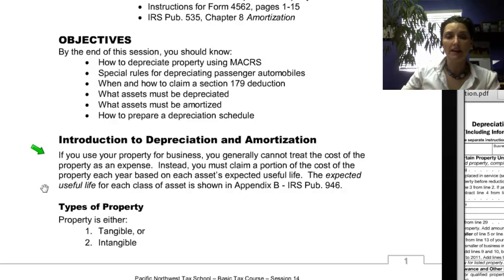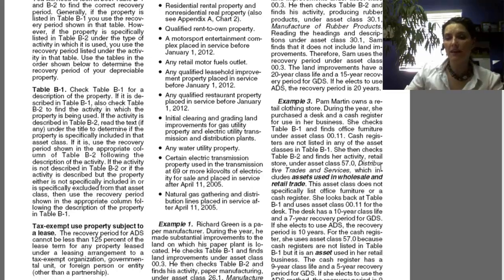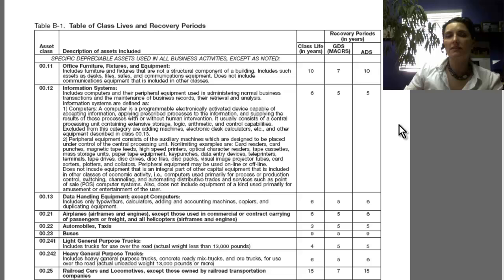Well, let's just go take a look at that. Appendix B of Publication 946 begins on page 102 of that publication. And as you can see, we get to Table B-1, and it shows you the table of class lives and recovery periods. It provides an asset class, and each asset class has a number next to it.